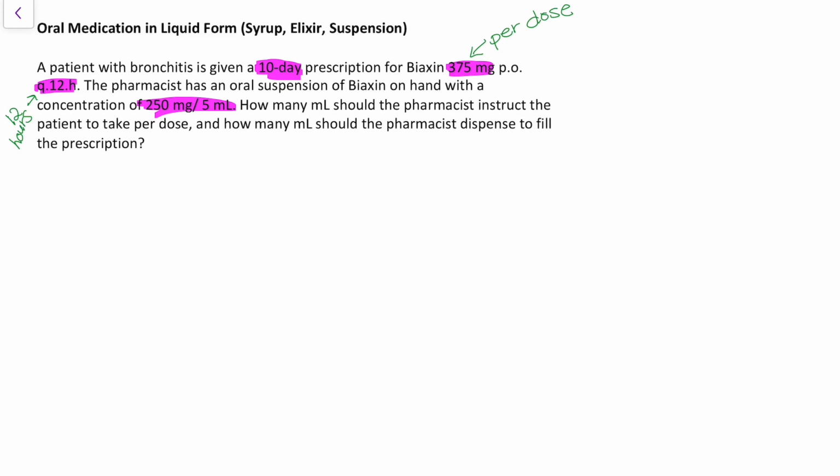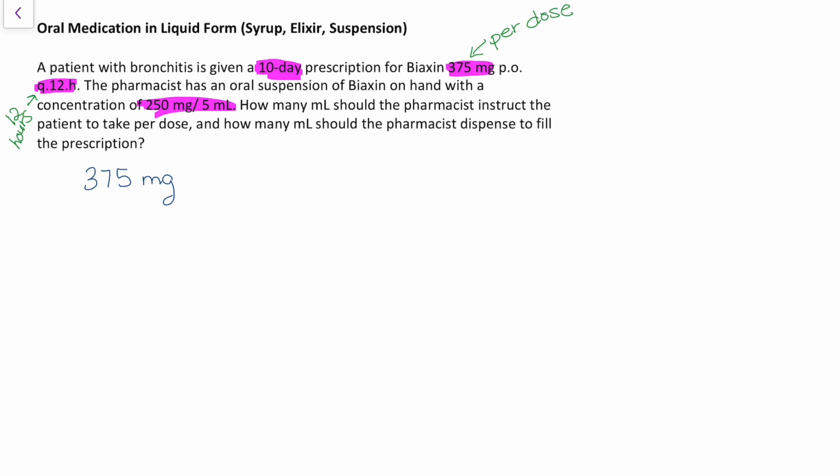Okay, so again, we always start with per dose. How many milliliters should they take per dose? Well, we want them to take 375 milligrams each dose. And the medication that we have is 250 milligrams per 5 milliliters. We can think of that like a conversion rate.